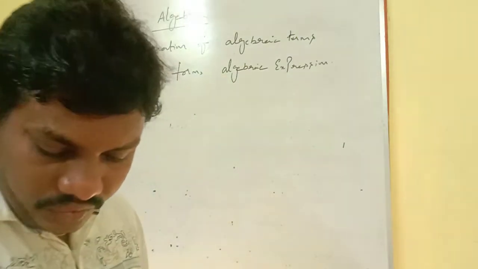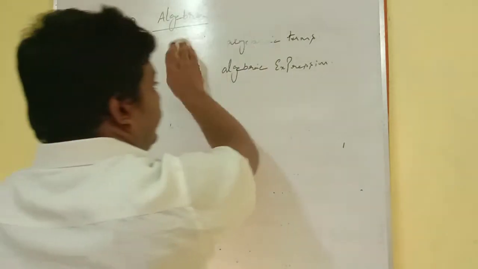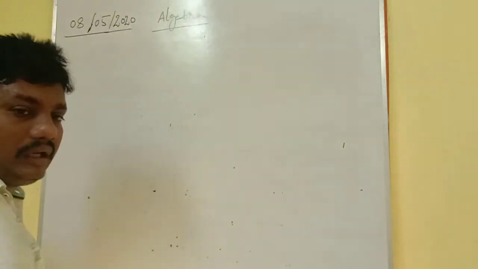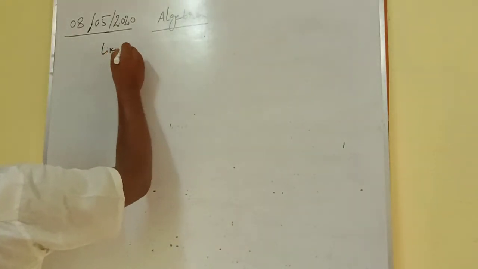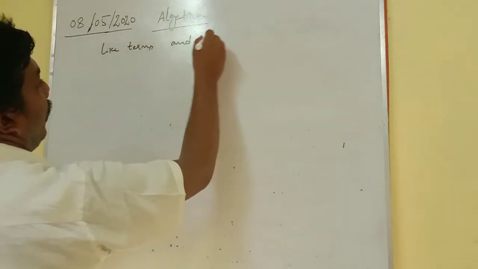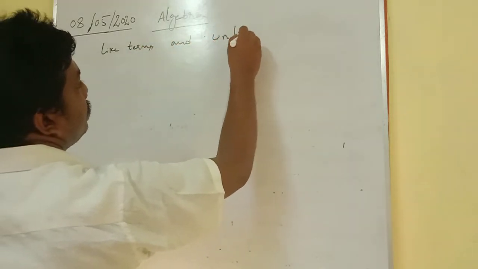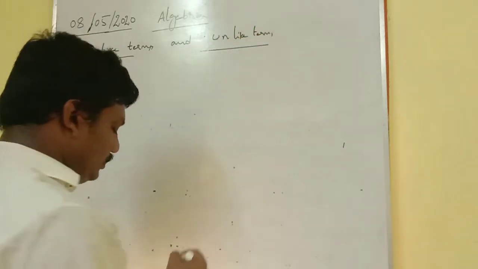Now one of the main points is like terms and unlike terms. What are like terms and what are unlike terms?